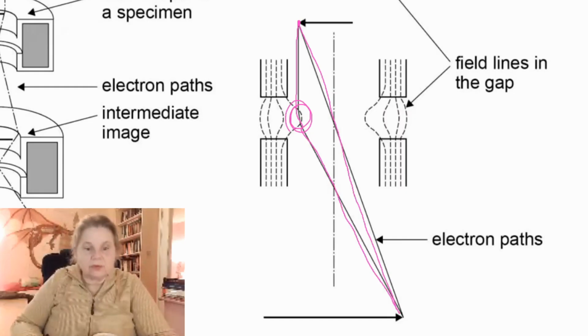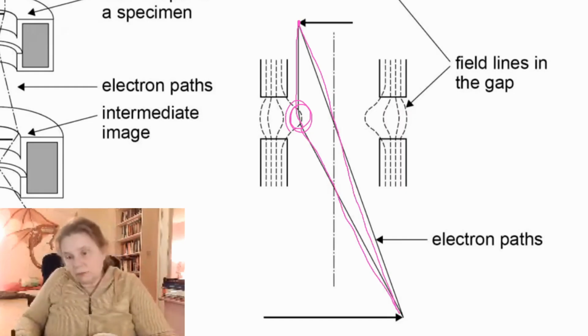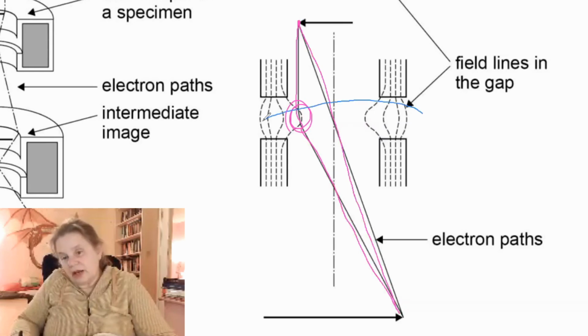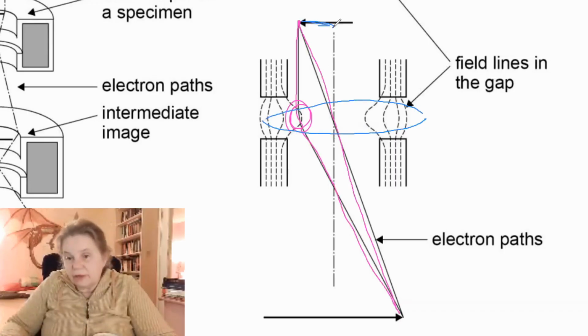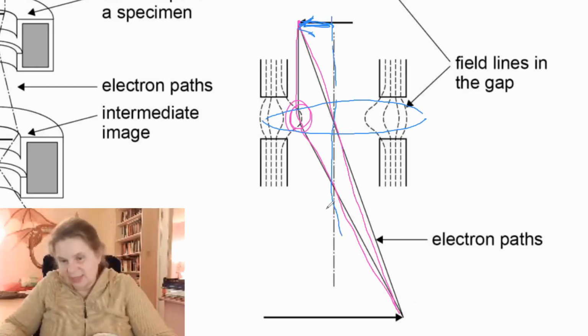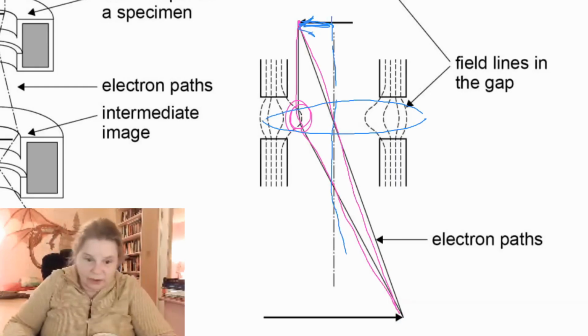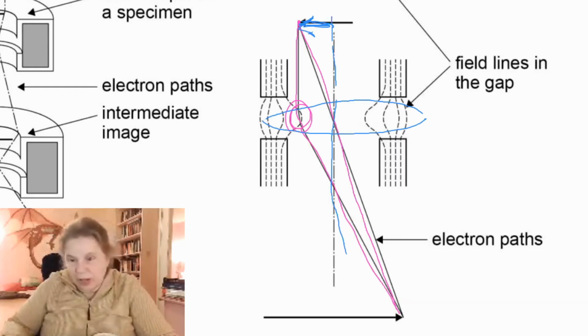Okay, so if this was an optical lens, imagine that we've got a thin glass lens that does this. Here is my object. This is my principal axis. I've got my two rays coming from the top of my object.